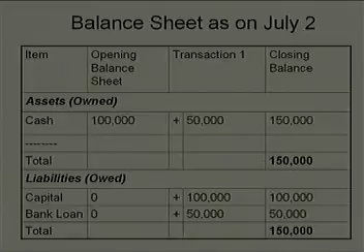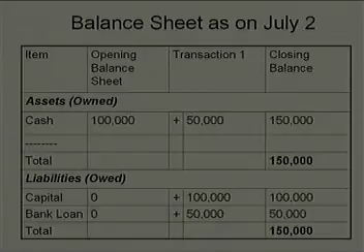So, what has this transaction been able to do? It has increased the asset, cash asset in particular, from rupees 100,000 to 150,000. So, you can see the assets column is showing an amount of 150,000 and the liability column also is showing 150,000.